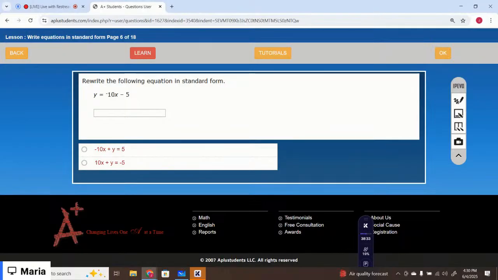That is 10x plus y equals negative 5. Option number 2 is the correct option. Okay, you can complete the lesson by yourself later today. Let me just move into the next lesson.